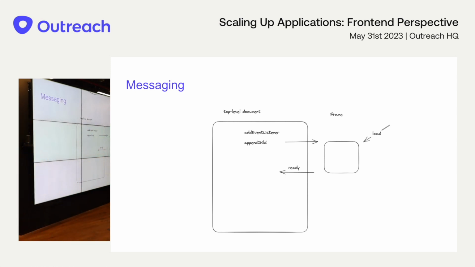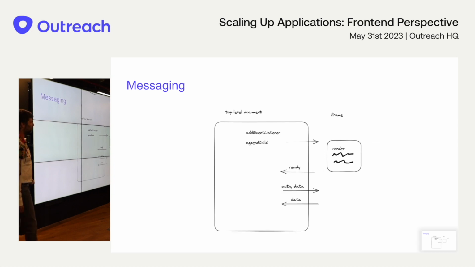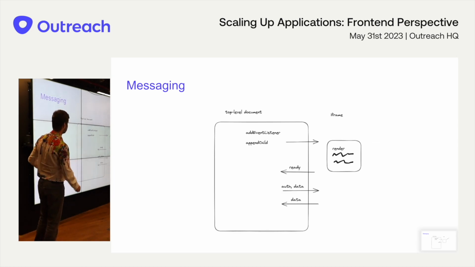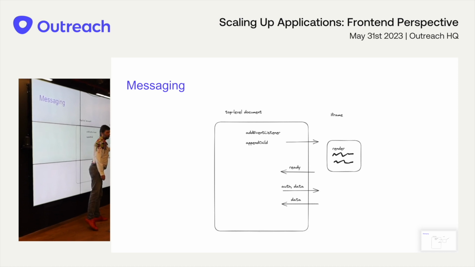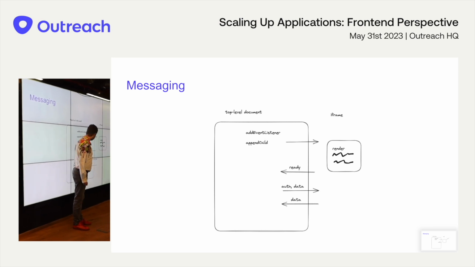And then, using, again, post message exchange between the top level document and the iframe, you can pass on some additional data, like the route, where to navigate, and who is the current user, authentication, whatnot. And the iframe will render whatever you tell it to do.